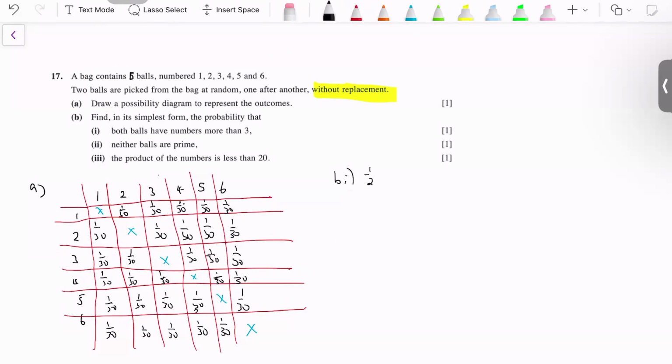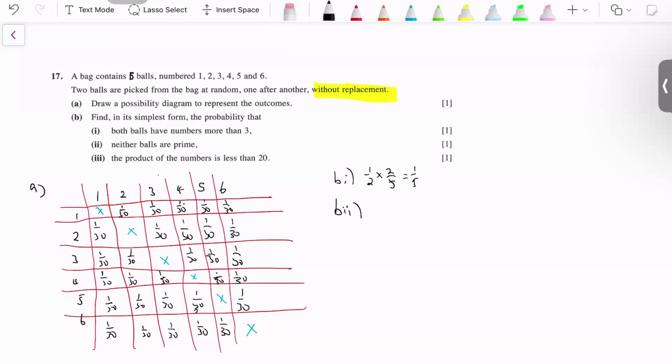And after we take the first ball, the second ball to be more than 3 is also 4, 5, or 6, but after we remove one of the numbers, it is left with 2/5. So the probability of it happening is 1/5 for both balls to have more than 3.